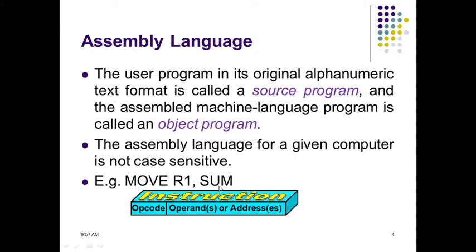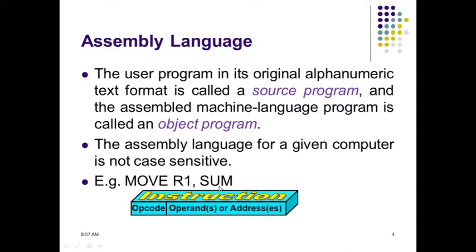Here, the mnemonic MOVE represents the binary pattern, or opcode, for the operation performed by the instruction. The assembler translates this mnemonic into the binary opcode that the computer understands. The opcode mnemonic is followed by at least one blank space character. Then the information which specifies the operand is given.